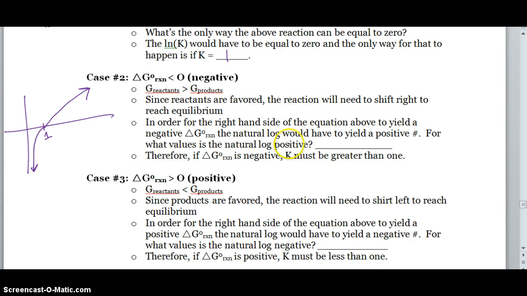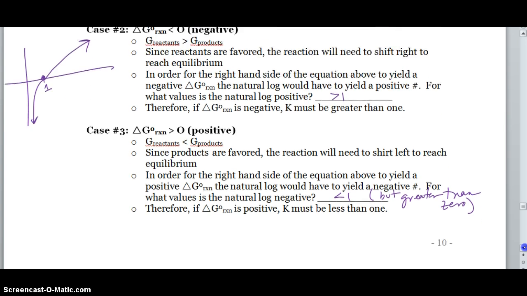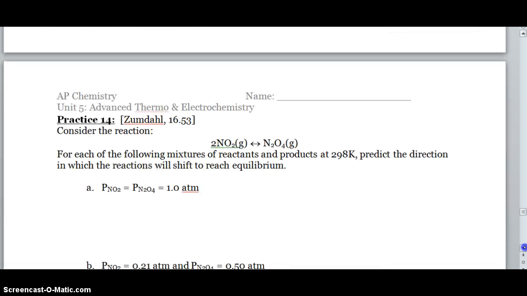So for these, it says when will the natural log be positive? Well, anytime it is greater than 1. And then for this one, anytime it's less than 1, but greater than 0. Again, I don't want you to stress about the math of it. We're going to go through conceptually how you do it.